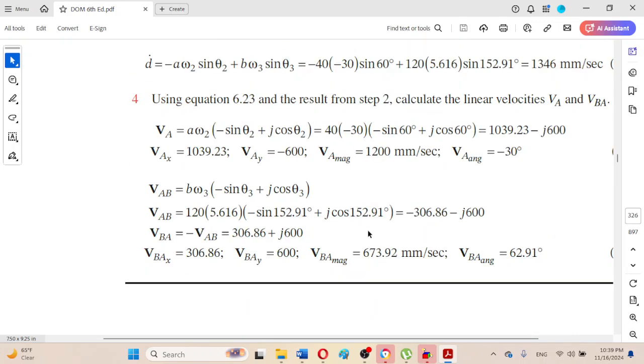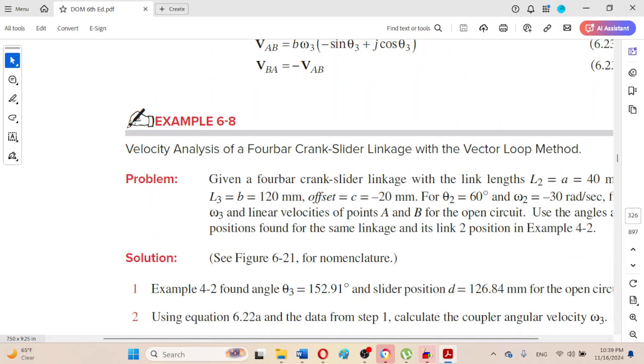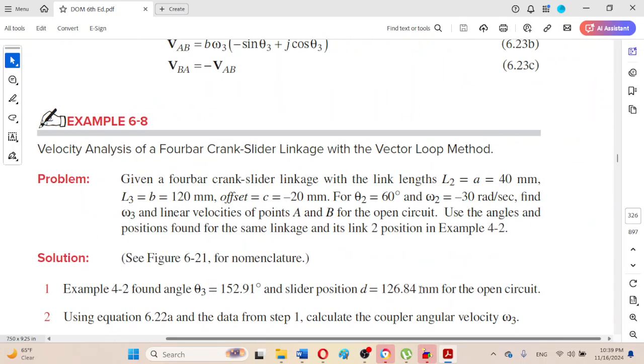So that is the case. As we can observe here, C is minus 20 mm and the input is same, theta 2 is 60 degrees and omega 2 is minus 30 radians per second, meaning the minus sign represents that the angular velocity for link 2 or crank is in the clockwise direction.